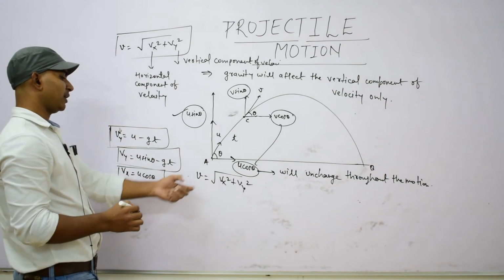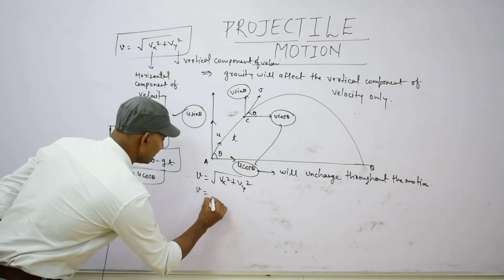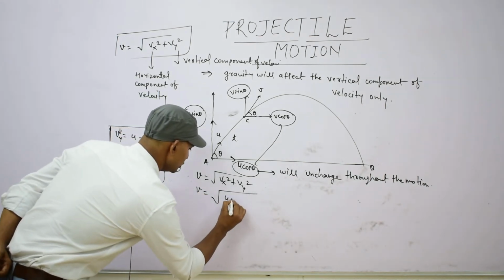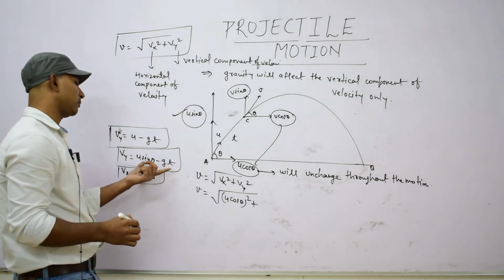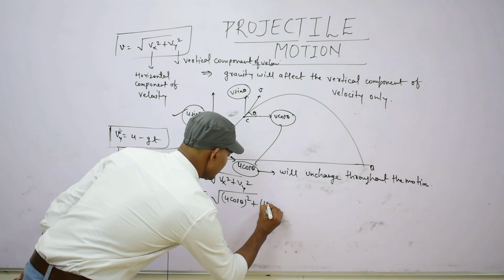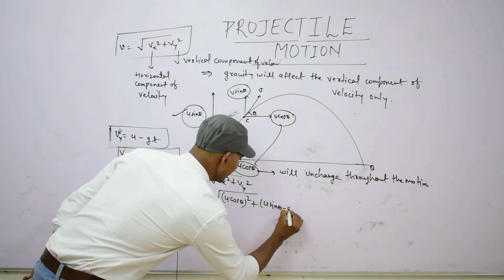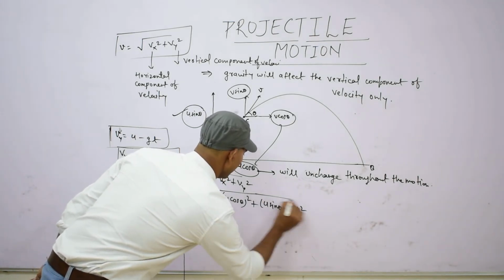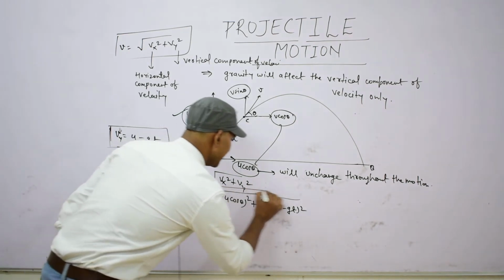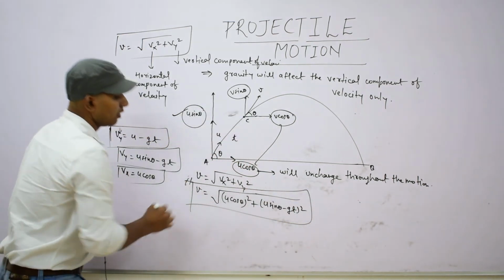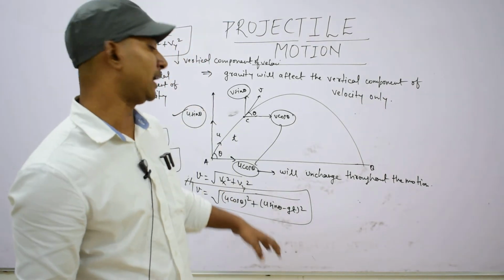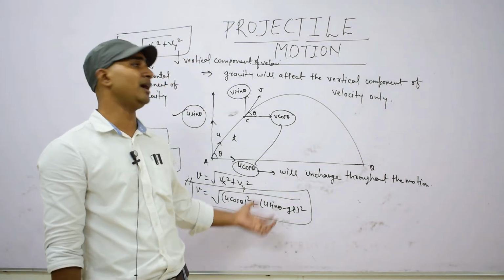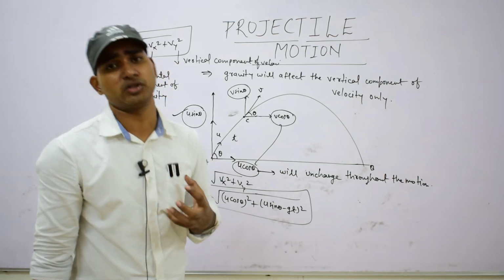Now just put the values of Vx and Vy, then we will get u cos theta whole square, and in place of Vy I can put u sin theta minus gt, whole square. This is the standard formula for finding the total velocity at any point in projectile motion. Directly, straightforward, we can use this formula and get the result for the velocity.